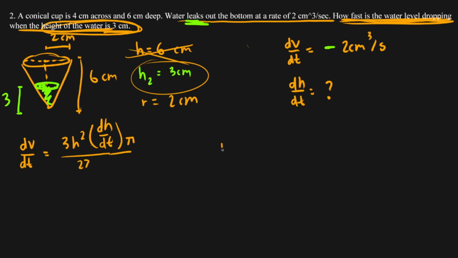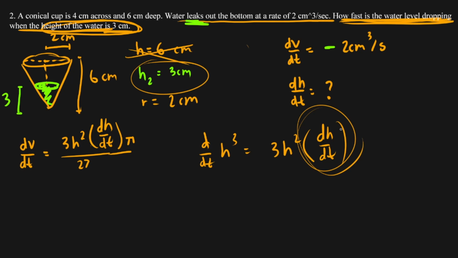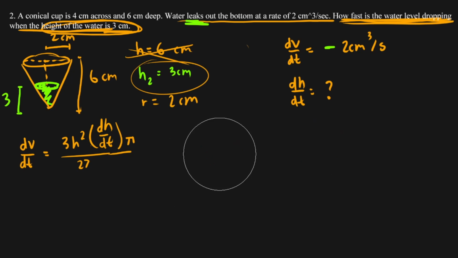If we take the derivative of h cubed with respect to time, we're going to get 3h squared times dh/dt, and we're trying to solve for dh/dt when the height is 3 centimeters. So now that we have that, let's plug in 3 for h.